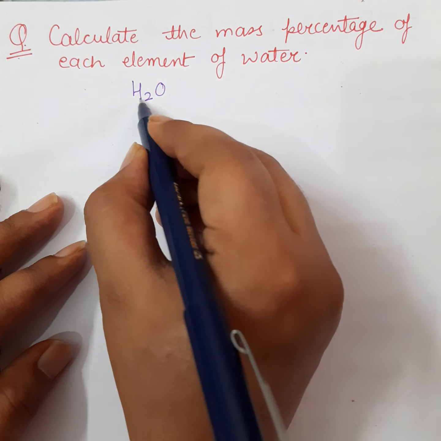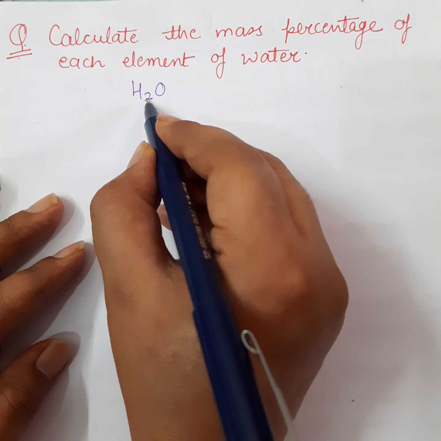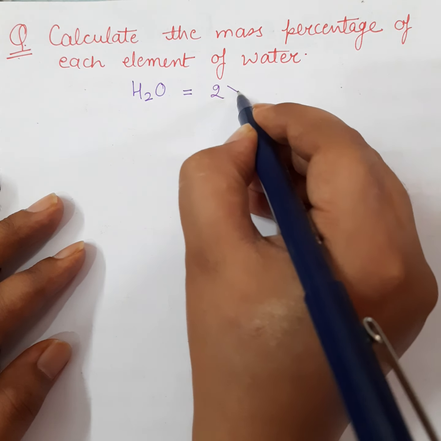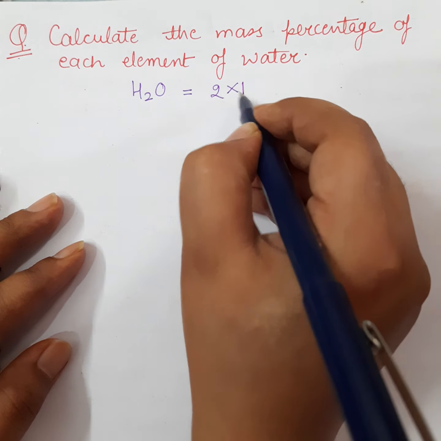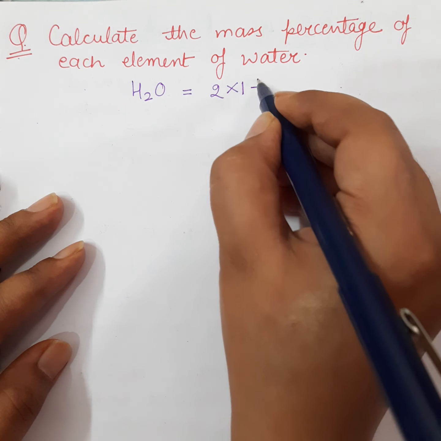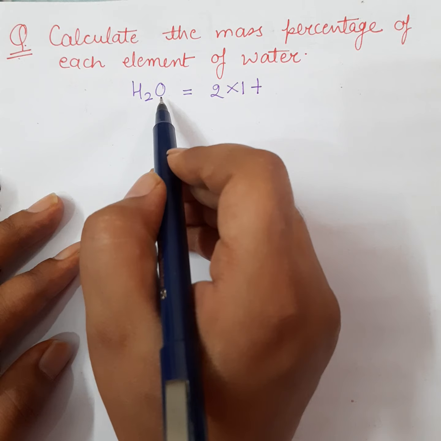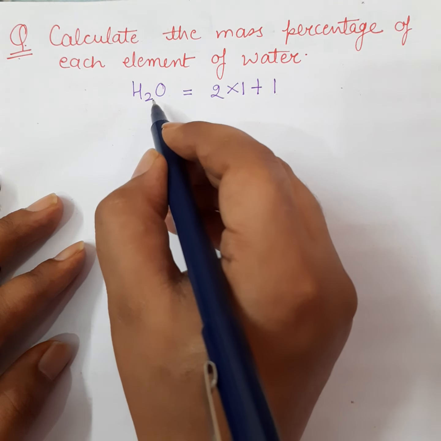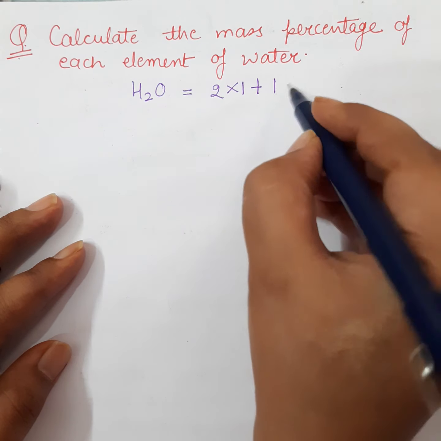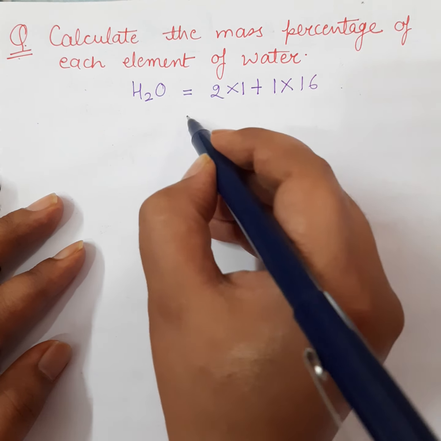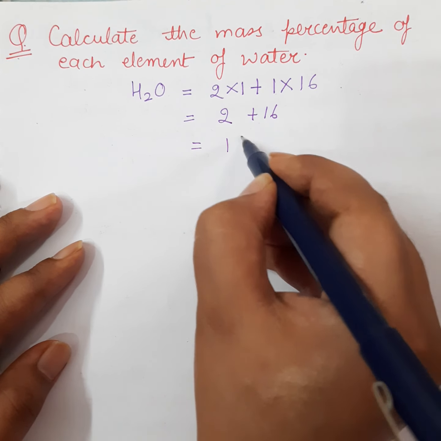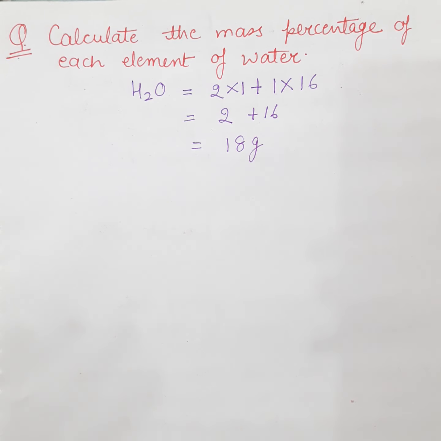Here you can see hydrogen atoms are 2 in this formula, so I write 2 into the atomic mass of hydrogen, which is 1. Then plus, there is only one oxygen, so I write 1 multiplied with the atomic mass of oxygen. Now how much? It is 2 plus 16, which will be equal to 18 gram.